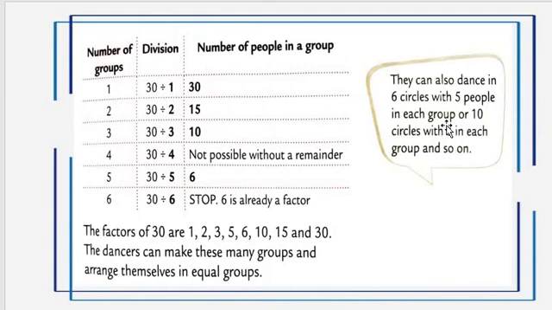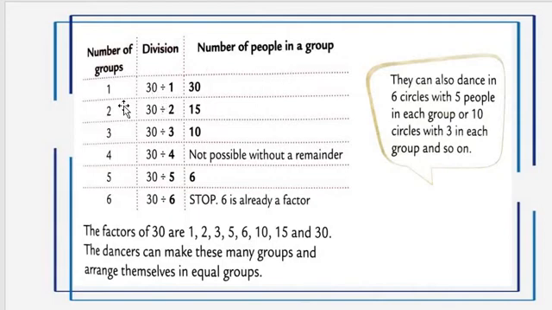Okay, dear students, so what to do here? First of all we make the first row. We make the first column, number of groups, then the second column we make the division, and the third column is the number of people in group.